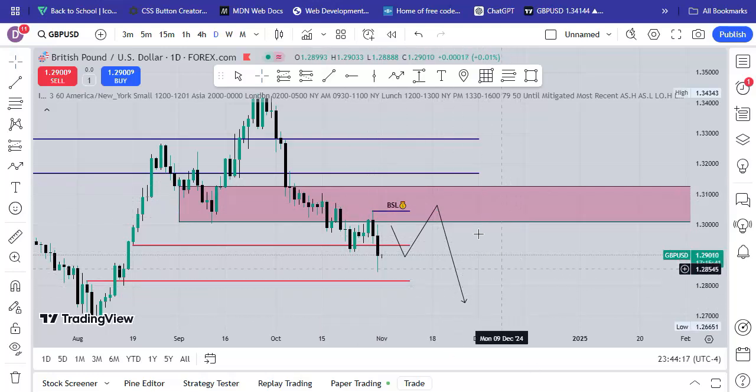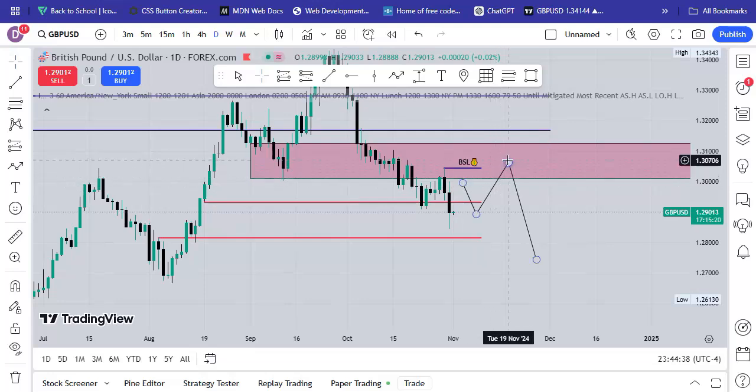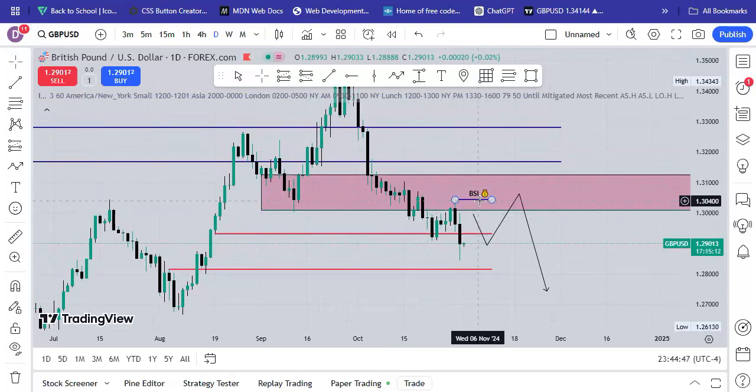But what I would love to see, for my entry criteria to be perfect, is price going up, taking out this high, mitigating this very bearish order block, and then selling off for the month of November 2024.